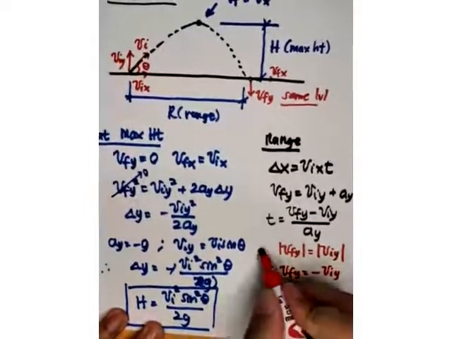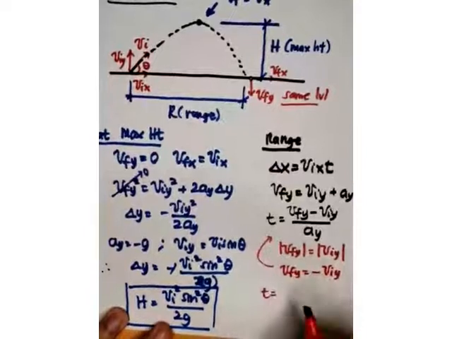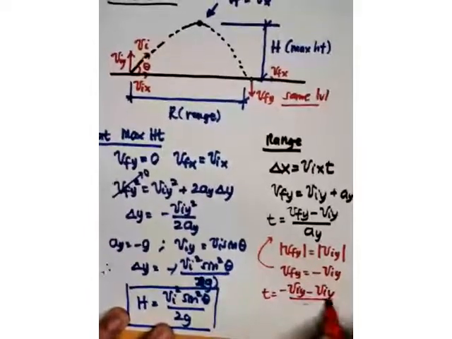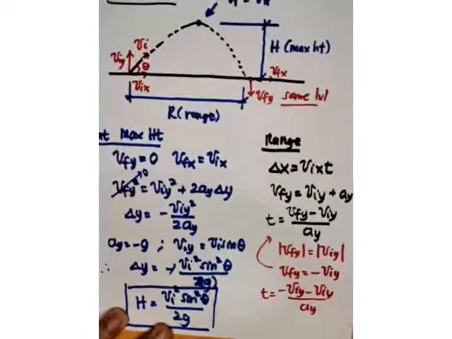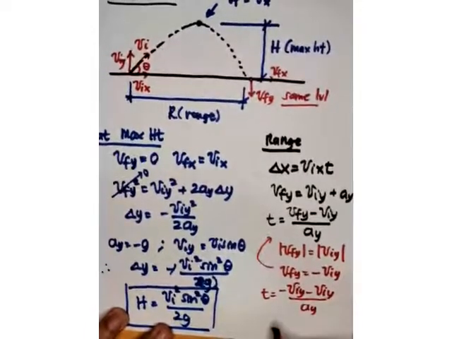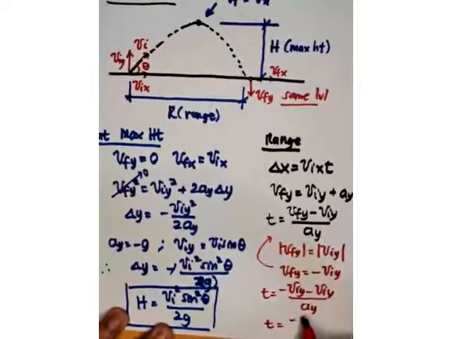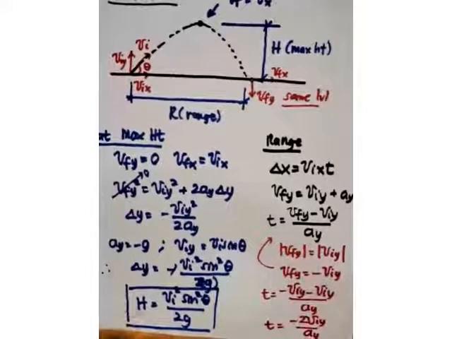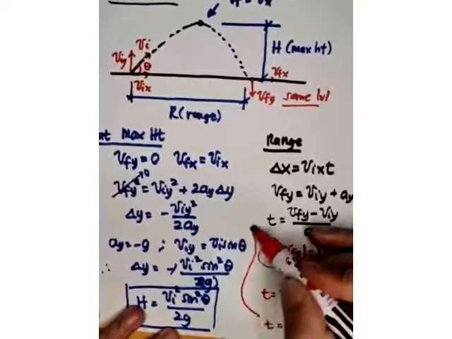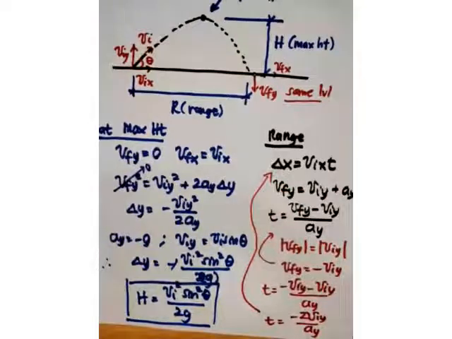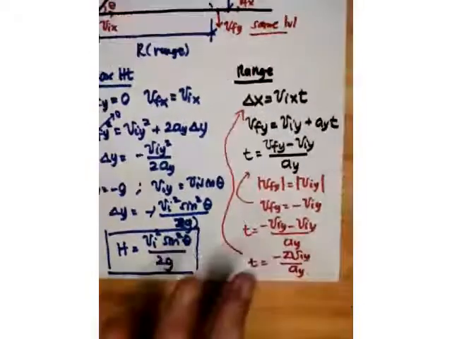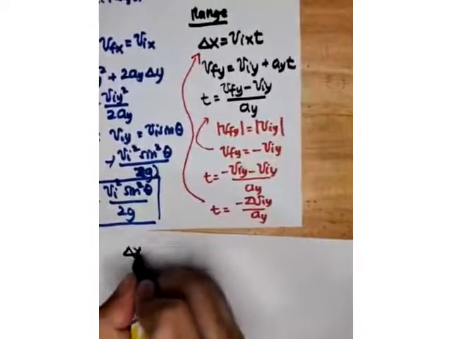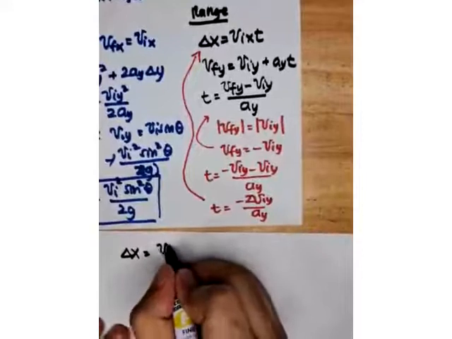So substitute natin siya dito. So time then will be negative VIY minus VIY all over AY, or T is equal to negative 2 VIY over AY. Ayan. At yung ngayon, isa-substitute natin siya dito sa delta X is equal to VIXT.